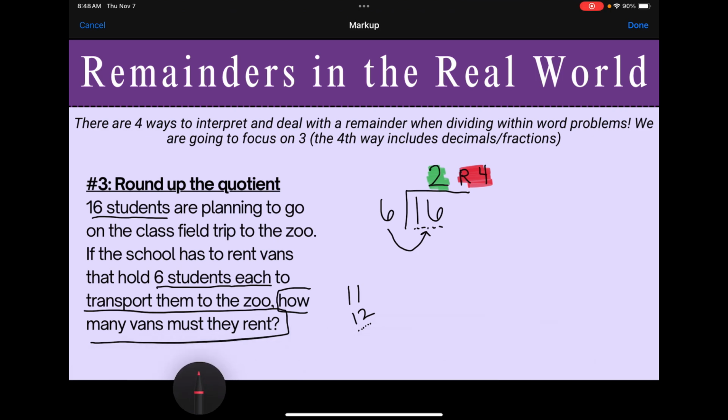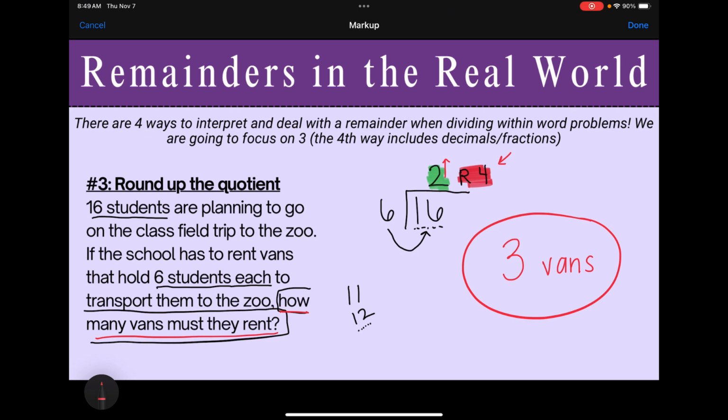No, that wouldn't make sense in this situation. So they must rent an extra van to fill with 4 of those leftover students. So instead of the answer being 2, we're going to round it up and get an extra van. So the final answer is actually going to be 3 vans. Because if we only put 2, 4 kids would not go.